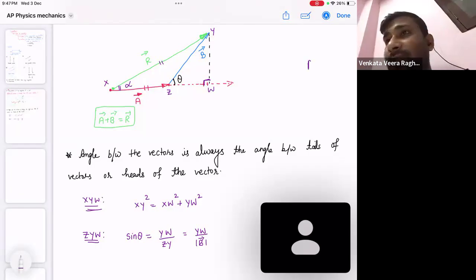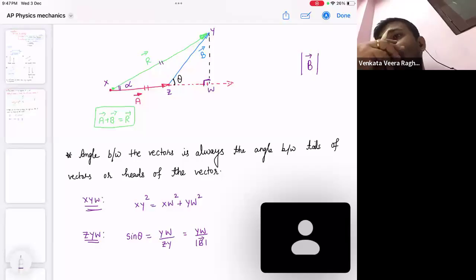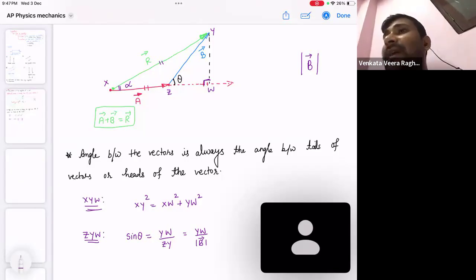So whenever a vector is written like this, it represents a vector with magnitude and direction. And when that same vector is put under the modulus sign, these two lines, called the modulus symbol, or in short form mod, that becomes the magnitude of vector B. Understood?